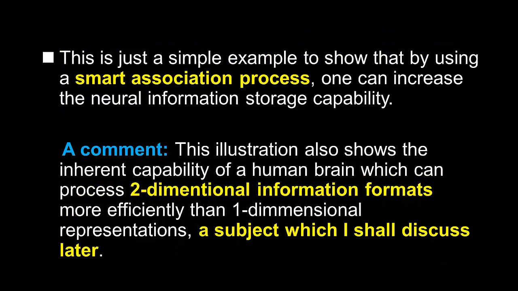This is just a simple example to show that by using smart association process, one can increase the neural information storage capacity. This illustration also shows the inherent capability of a human brain which can process two-dimensional information formats more efficiently than a one-dimensional representation. I will discuss this subject later.